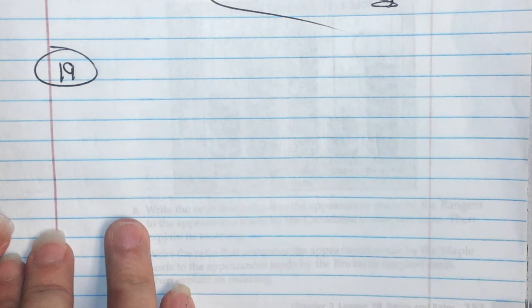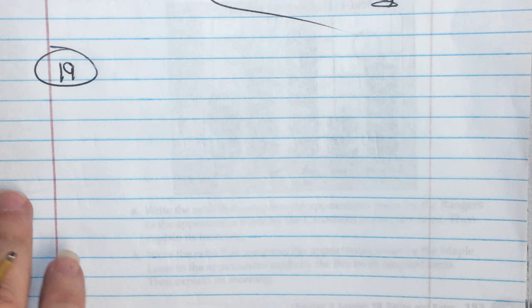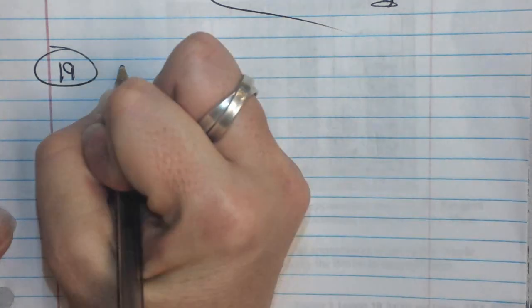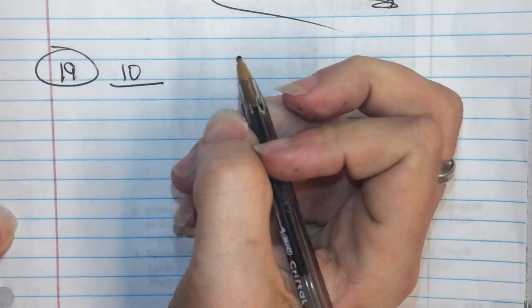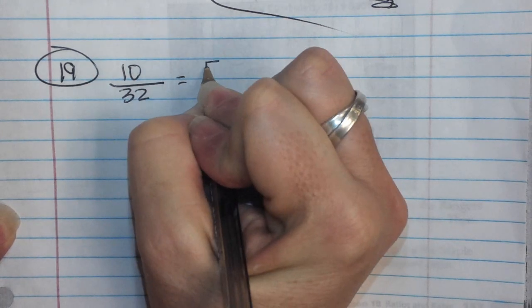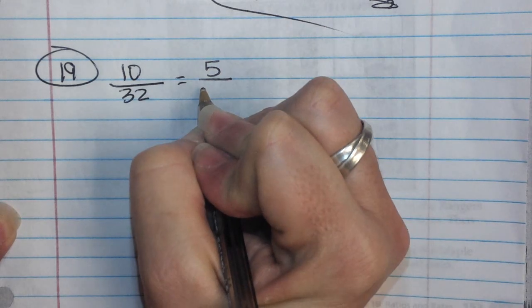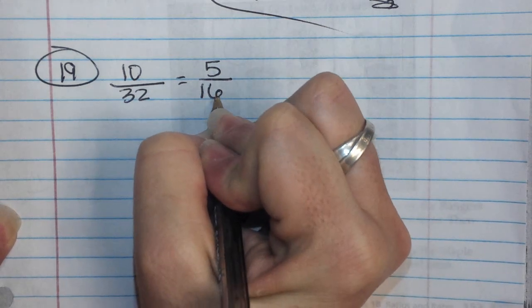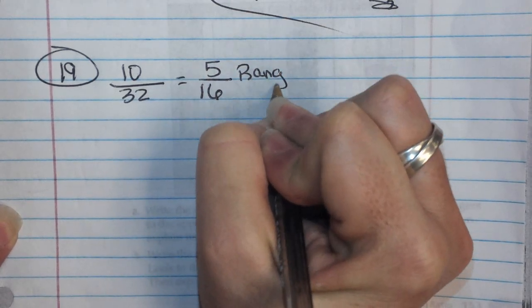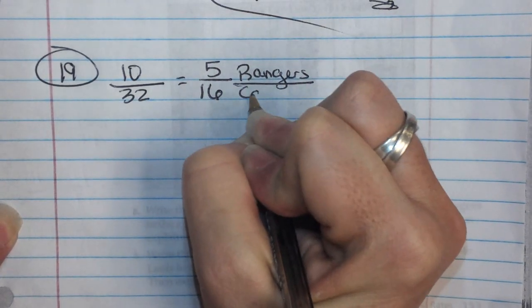Ratio that compares the Rangers to the Canadians in simplest form. So Rangers is 10, Canadians is 32. Simplest form would be 5 over 16. And that would be Rangers to Canadians.